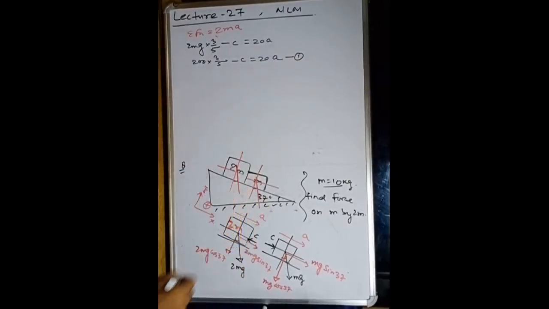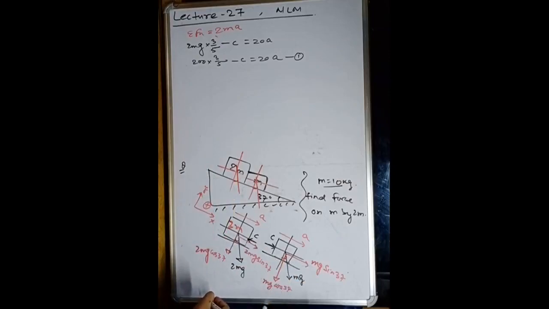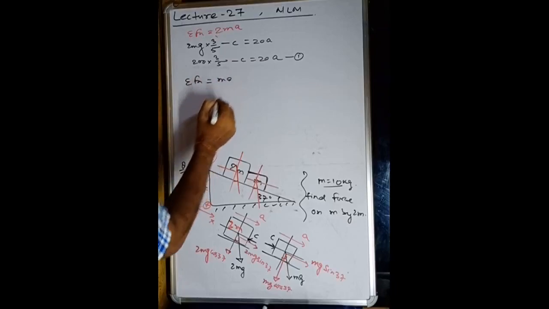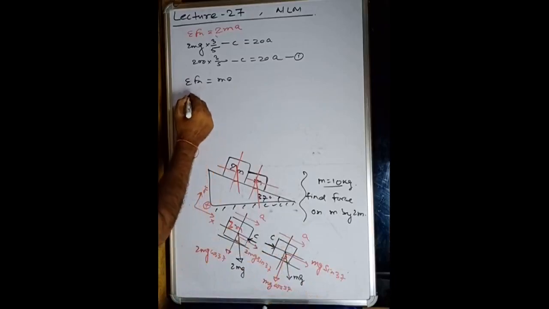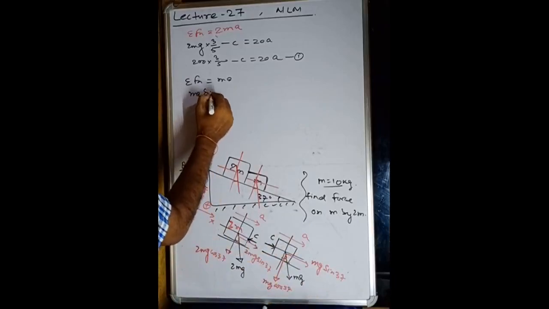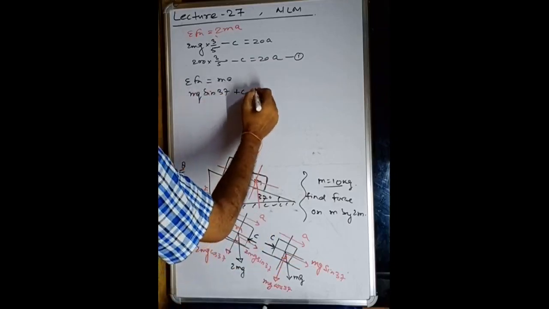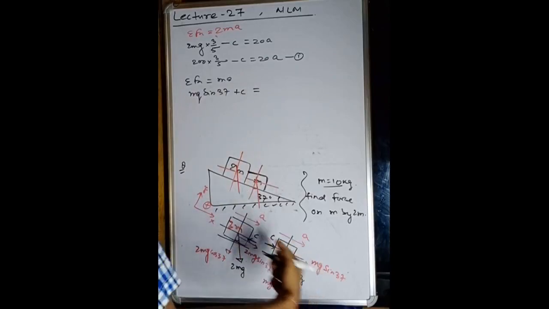Now for this body, let me solve another equation. Here, for this body, one force is acting in this direction. How much? mg. Again sigma Fx equals ma. So two forces are acting in this direction: mg sin 37 and this plus C equals mass times acceleration, because no force is acting in the opposite direction.